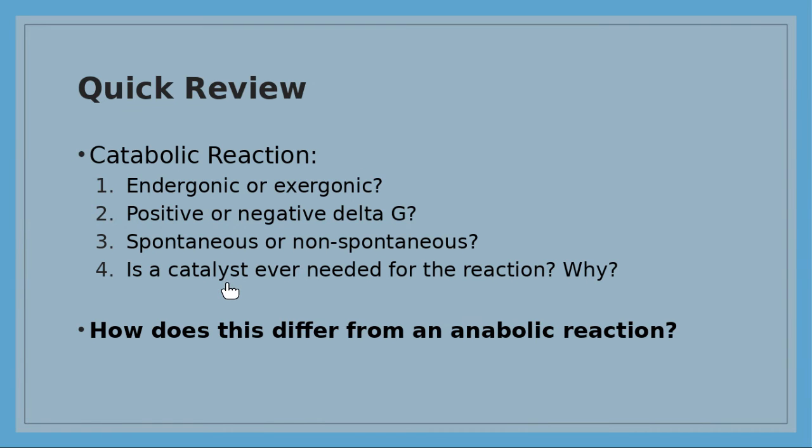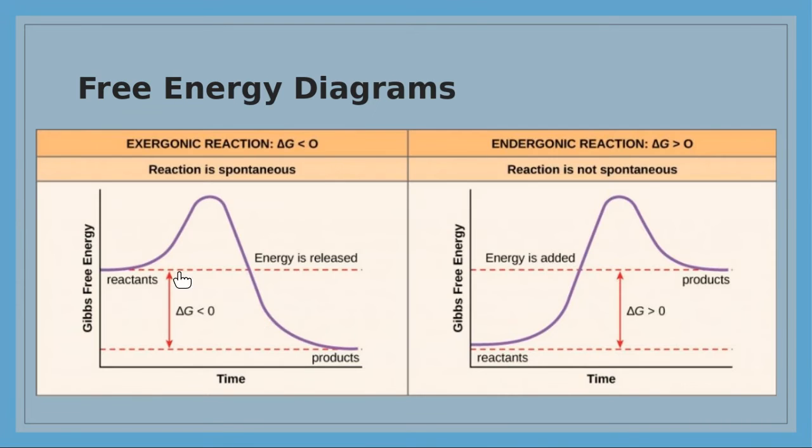Good. And we already went over the anabolic reactions, and everybody's feeling pretty good. What did you say the space represented? Oh, right here. So this is just the delta G, right? So the difference in the energy between the reactants and the products, that's delta G.